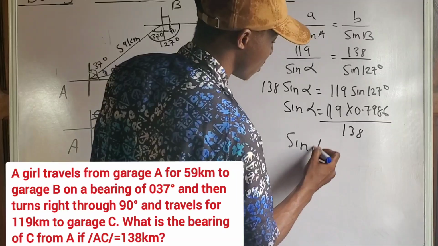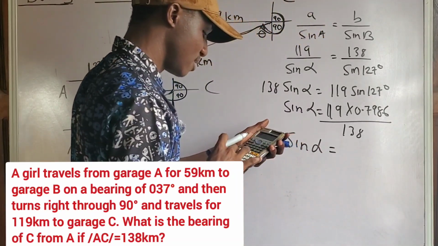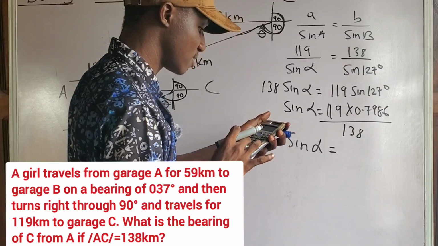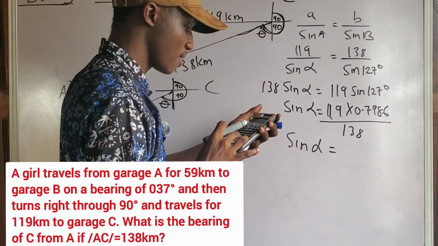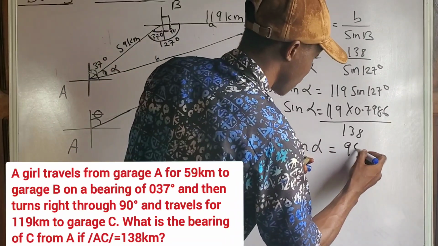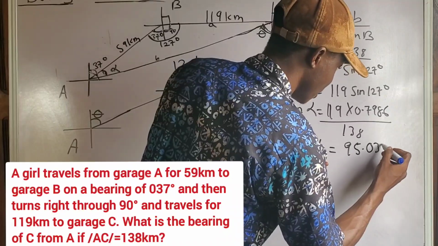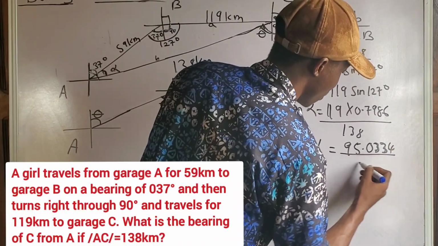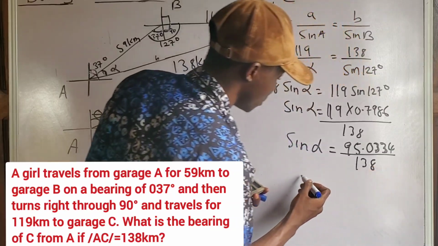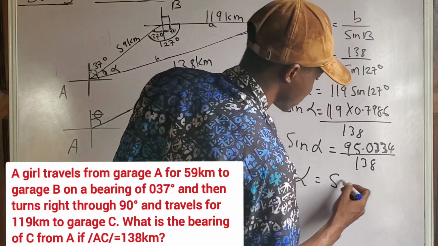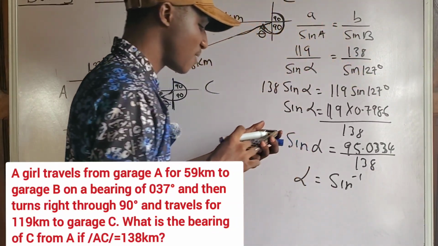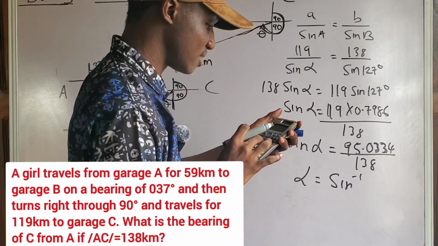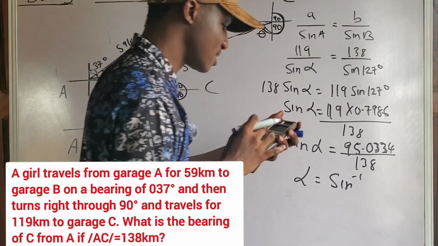So sine alpha is equal to 119 times 0.7986, that is 95.0334, over 138. So alpha is equal to the sine inverse of 95.0334 divided by 138. That is 0.6886.